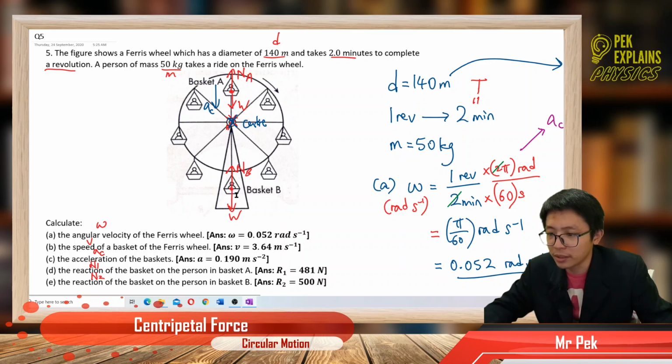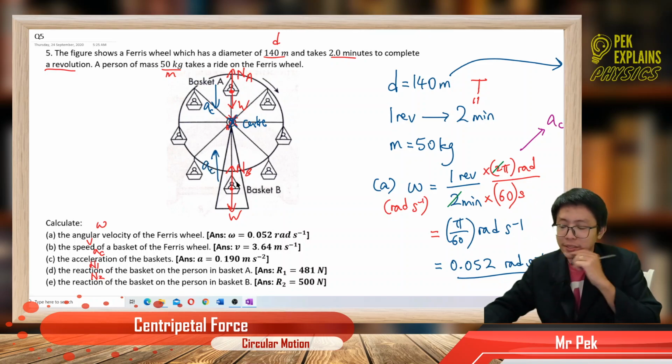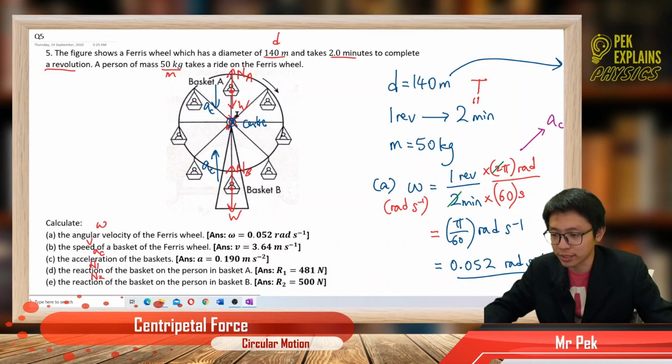And for basket B, the center is above, so our AC is going up, because AC is towards the center.